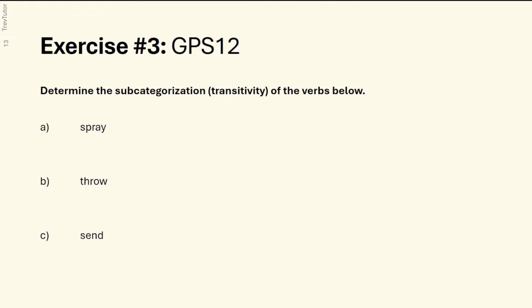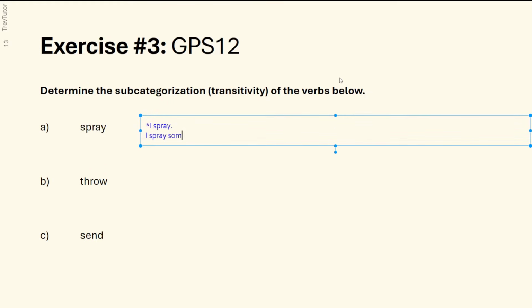Okay, so some verbs can have more than one subcategorization of transitivity. Now, we want to investigate these verbs to see what types they can have. So for example, with spray, we could say I spray as a general type of action. So yeah, that's what I do, I spray. But typically, we don't really like that.